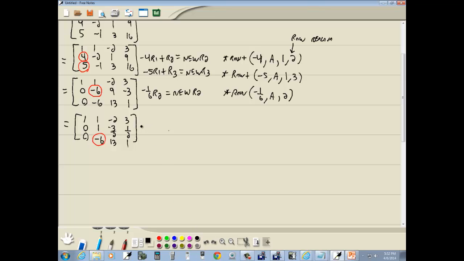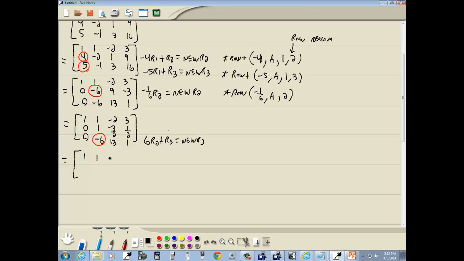Well, I'm going to take this 1 by 6 and then add to negative 6, get a 0 here. So I'll take 6 times row 2, and I'll add that to row 3, and that'll give us our new row 3.